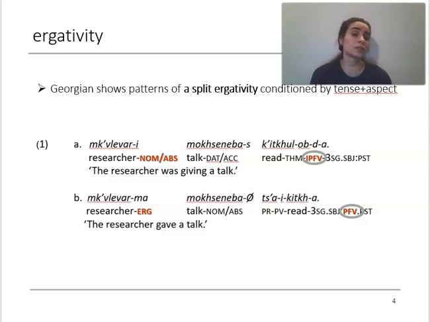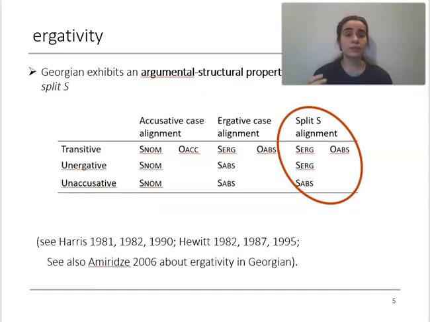But it's attested not only in Georgian, because cross-linguistically ergative can be found in many languages. The next property of the Georgian ergative is the so-called argument structural property, which is that it patterns together transitive subjects with unergative subjects, and transitive objects with unaccusative subjects.